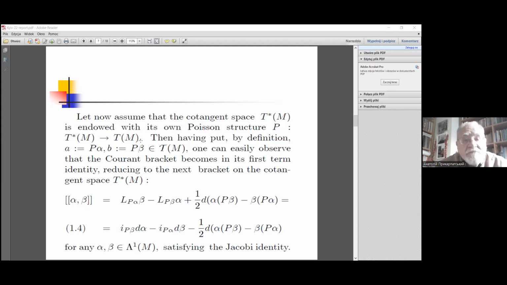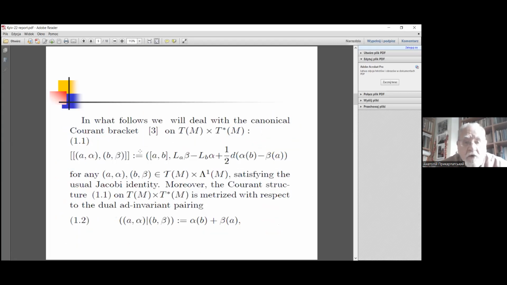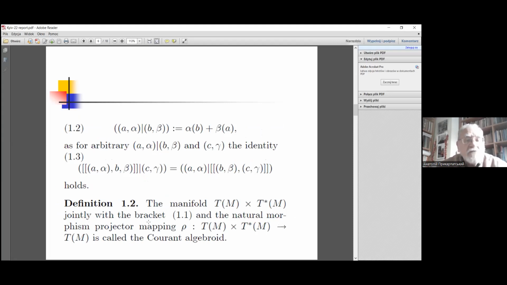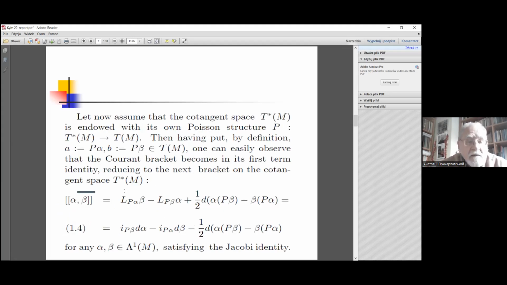So then, using this Poisson structure, one can construct two vector fields A and B, corresponding to differential forms alpha and beta, and construct the next bracket on the cotangent space T star M. So we see this bracket is exactly the part of the bracket defined above, but reduced on the second component of our current bracket.